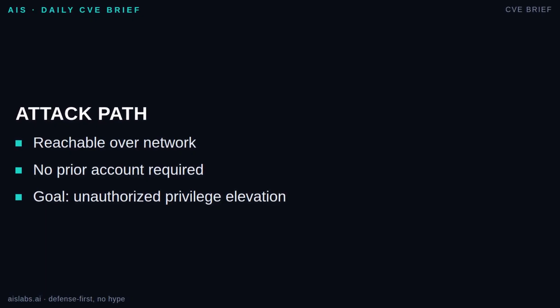The CVSS vector says the flaw is network reachable, requires low attack complexity, requires no prior privileges, and requires no user interaction. That means a defender should assume the initial barrier is exposure, not social engineering, and not stolen credentials. If a vulnerable SharePoint server can be reached from an untrusted network segment, a partner network, a remote access path, or the public internet, the risk increases.